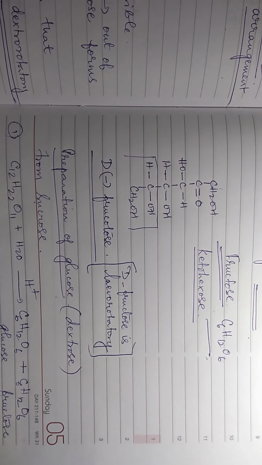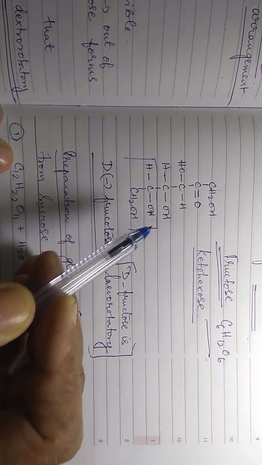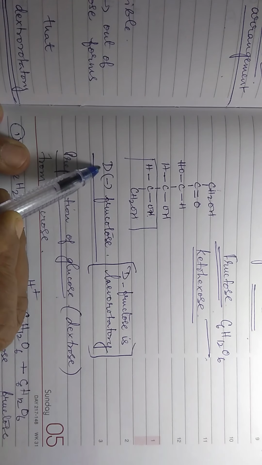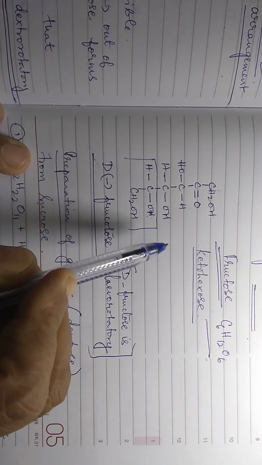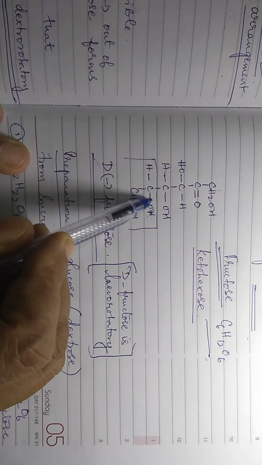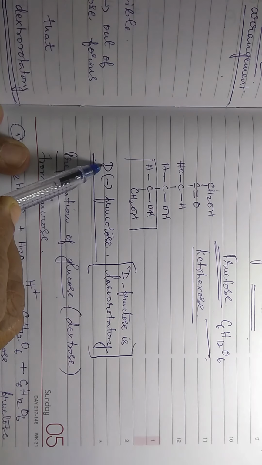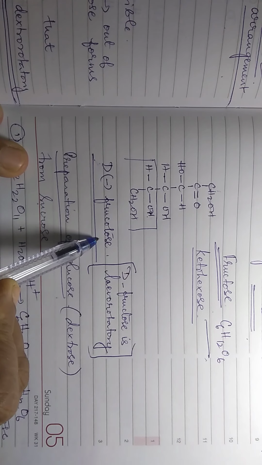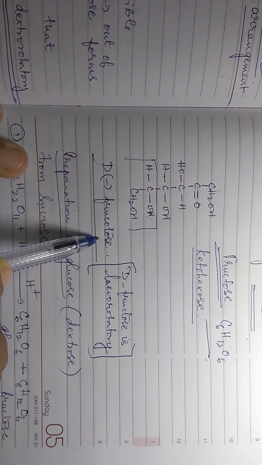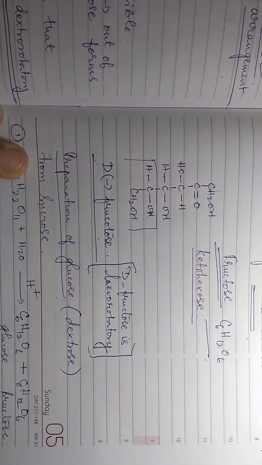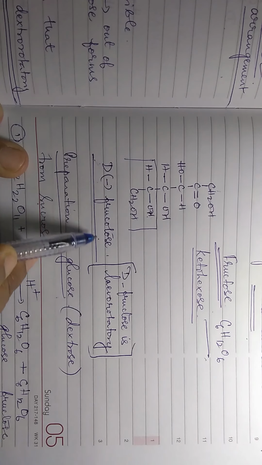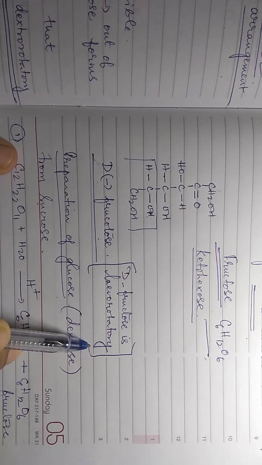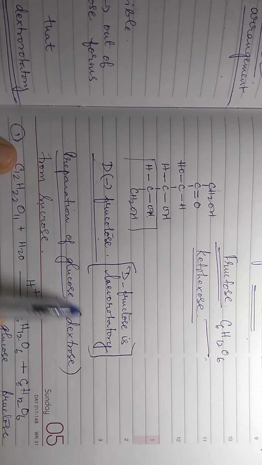But even though OH is on the right, OH on the right tells you it is D. OH on the lowest asymmetric carbon tells you that it is the D isomer. And this minus tells you that this D fructose is rotating the plane of polarization of light to the left. Okay, so it is D minus fructose. So D minus fructose is levorotatory. It rotates it to the left.